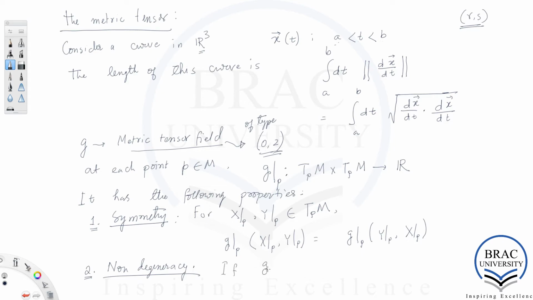If g restricted at P, x at P, y at P is 0 for all y at P in the tangent space T_P M, then we must have x at P identically 0. Okay, this is what we mean by non-degenerate, for the metric tensor field to be non-degenerate.